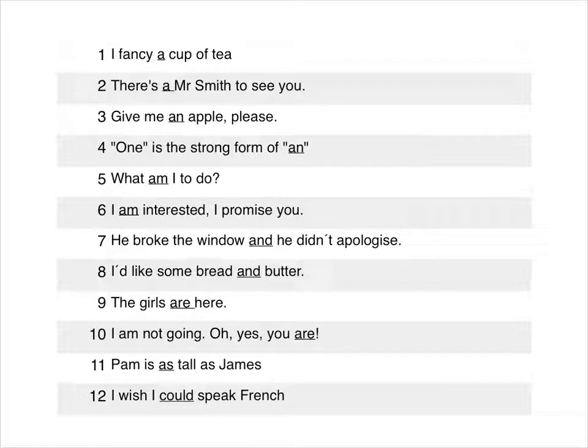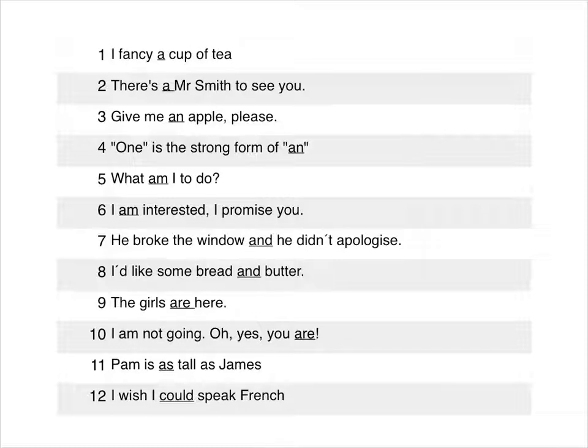In this case, again, I'm going to ask Alison to read in her normal speaking voice. Don't think about it. Imagine you're with your friends. I want you to concentrate on the words which I have underlined and decide if she uses a strong or a weak form.